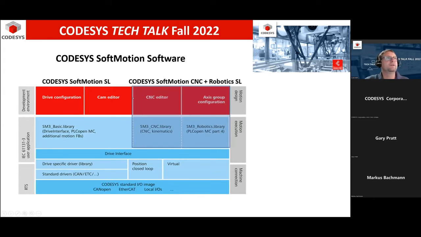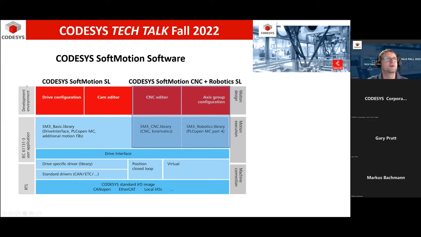So we come to the CODESYS SoftMotion software, and there are two parts I just want to talk about. There's CODESYS SoftMotion SL, which is drive configuration, cam editor, libraries, drive interfaces, and so forth. You can see down here. But if you want to get into CODESYS SoftMotion CNC and Robotics SL, that's a different package. Just be aware of that.